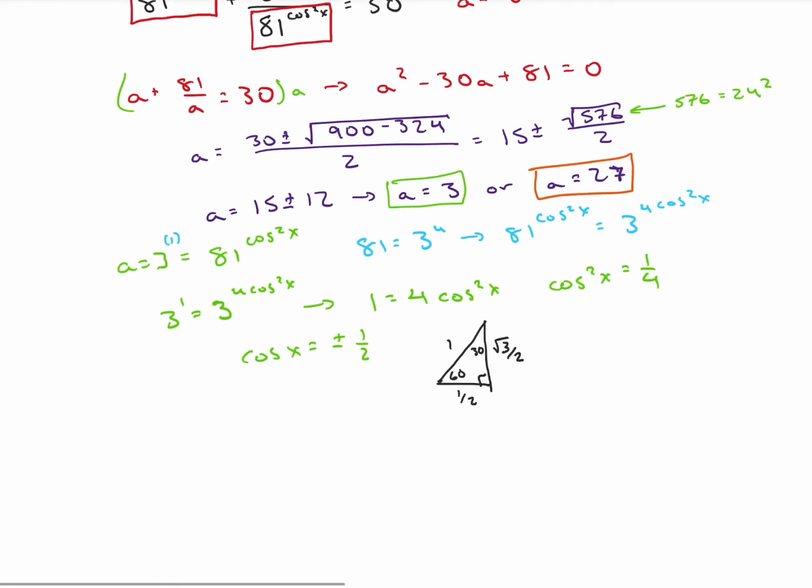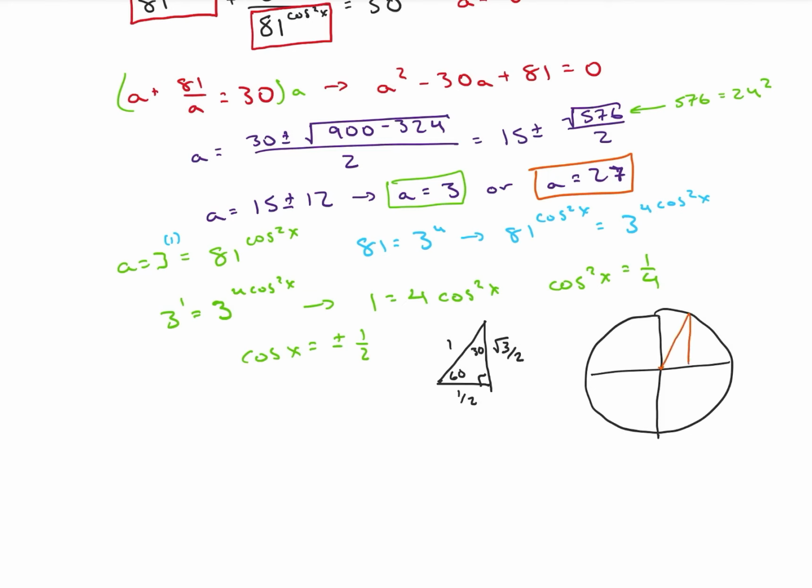And since it can be positive or negative 1/2, it turns out that if we look at our unit circle here, we could have an angle here, we could have an angle here, we could have an angle here, or we could have an angle here. So we have all of these possibilities to deal with. So we have 4 possibilities there.